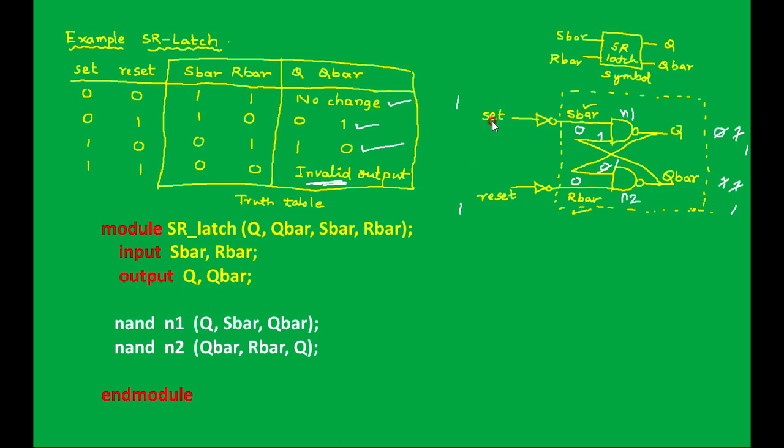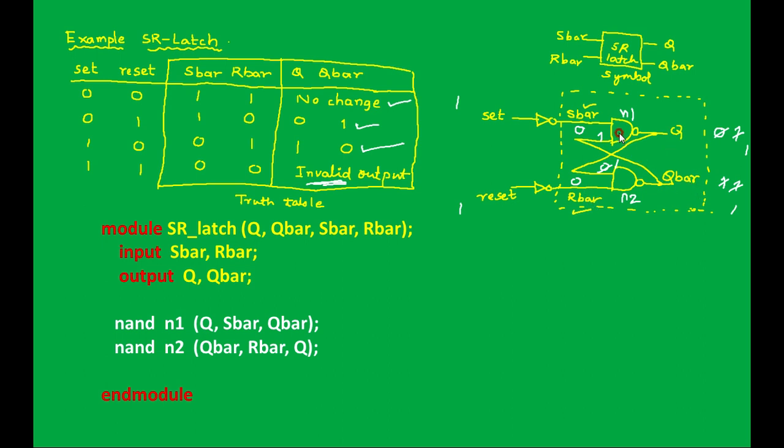These are actually derived from the complement of set and the complement of reset. So the S bar and R bar values we are referring to directly. S bar and R bar are the inputs for your design, Q and Q bar are the outputs, and we exclude the NOT gates from this circuit.